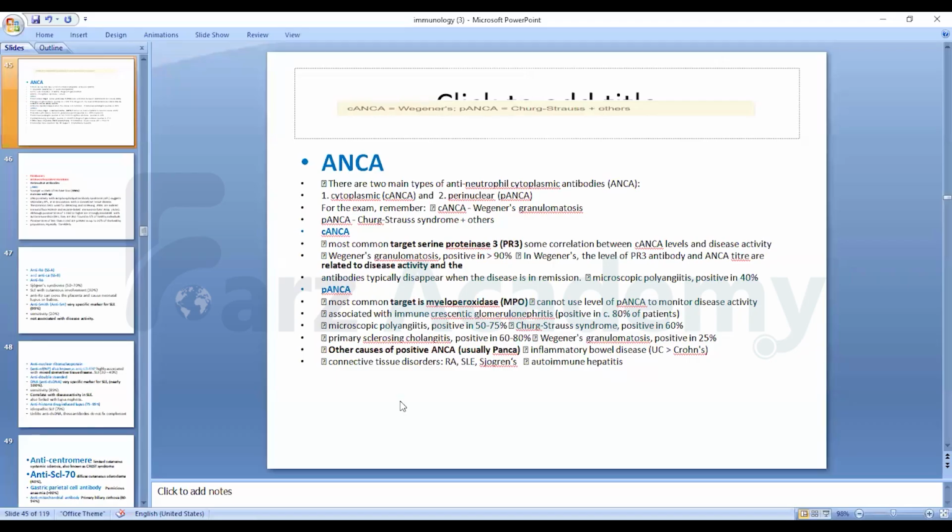In Churg-Strauss syndrome it is positive in 60%. Primary sclerosing cholangitis is also positive. In Wegener's granulomatosis it can be positive in only 25%, so C-ANCA is usually positive in Wegener's. Other causes of P-ANCA are inflammatory bowel disease, Crohn's disease, connective tissue disorders, rheumatoid arthritis, SLE, Sjogren's, and autoimmune hepatitis.